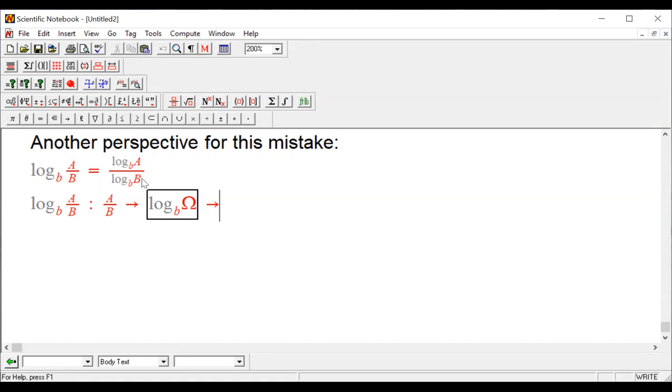On the right-hand side, A is the input for this function, and it produces an output.